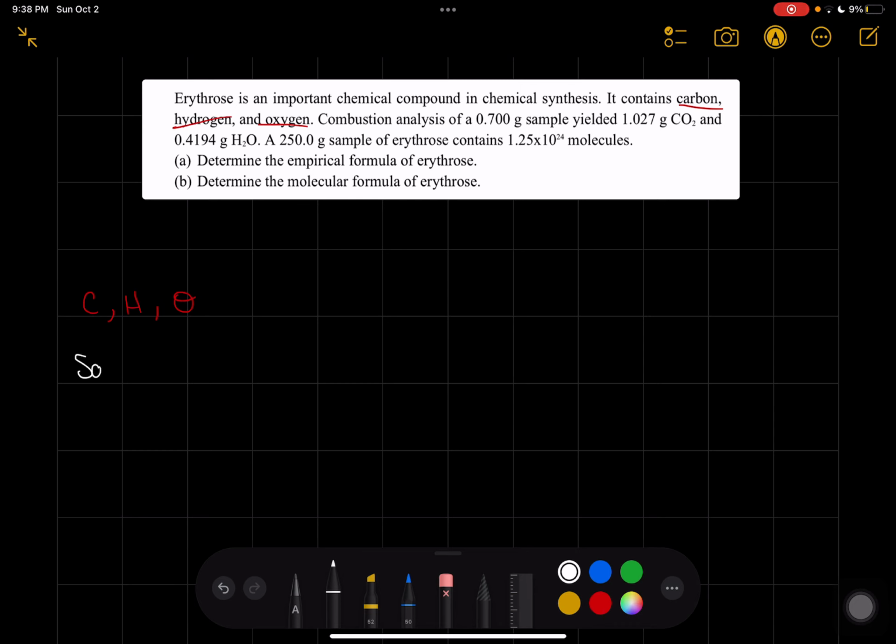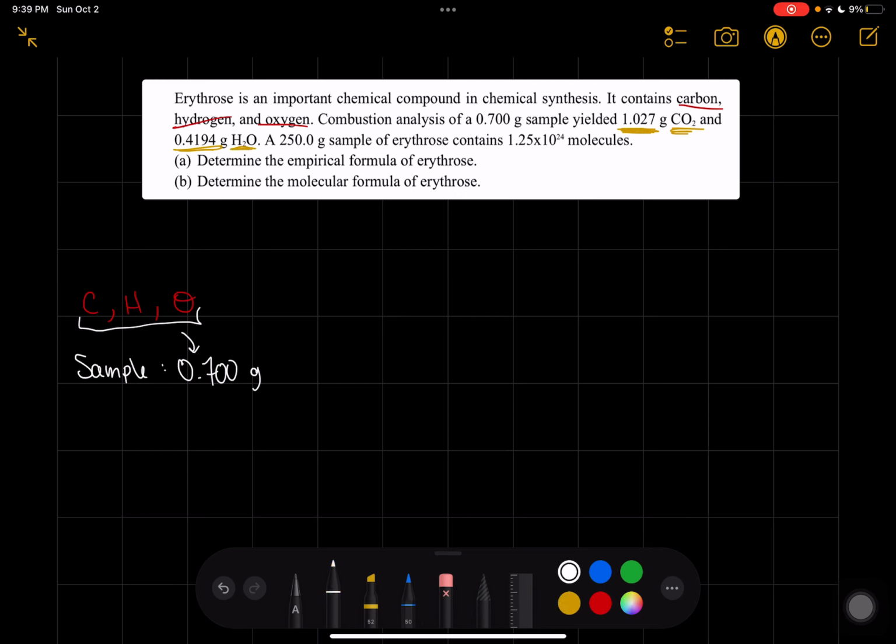So our sample is 0.700 grams of this CHO substance. It yielded 1.027 grams of carbon dioxide and 0.4194 grams of water.